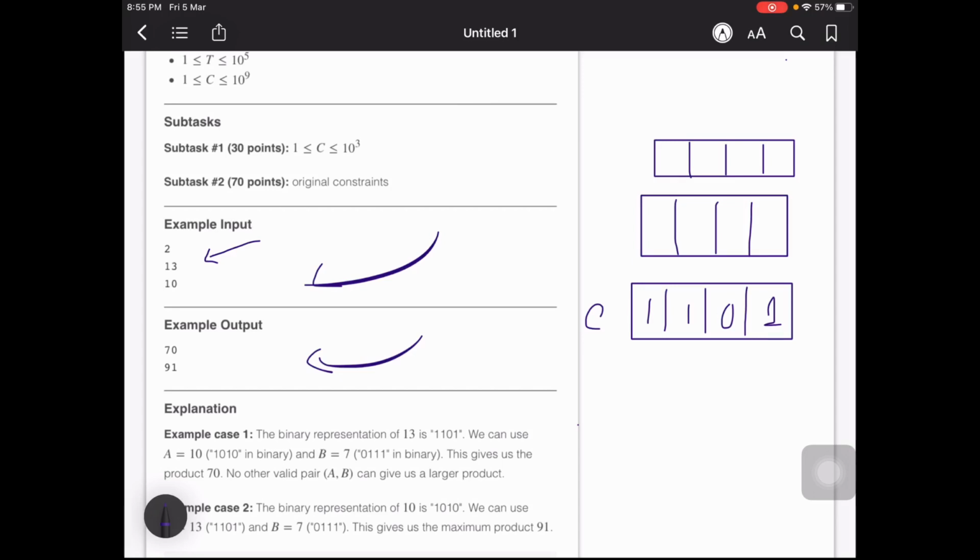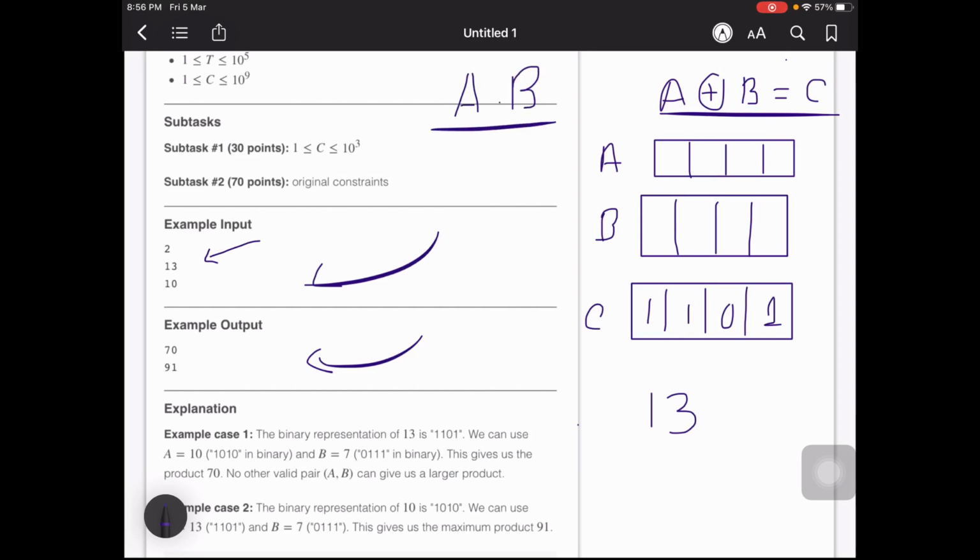We have to find two other numbers a and b such that a XOR b becomes equal to c, and we also have to select a and b such that the product of a and b becomes the maximum of all the possible values.